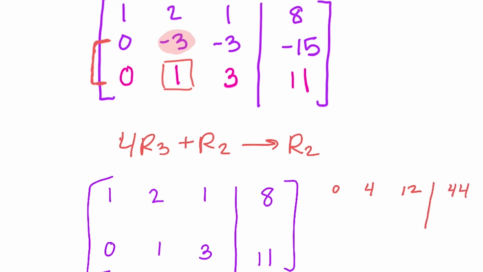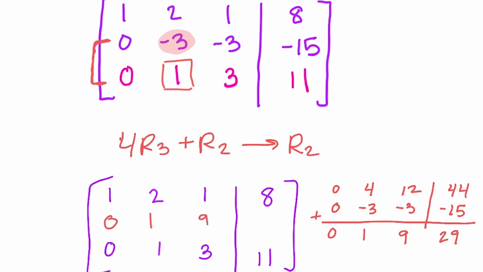And I'm adding that to row 2, which is 0, -3, -3, -15. So that gives me 0, 1, 9, and then 44 minus 15 is 29. So this row is 0, 1, 9, 29.